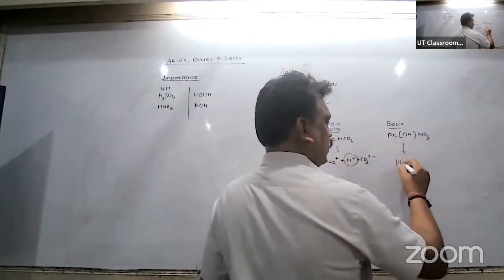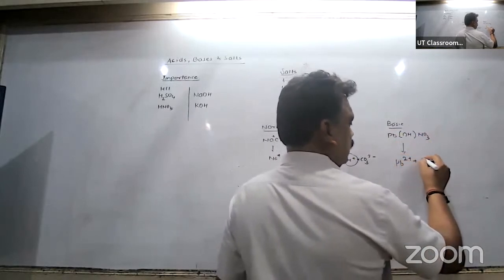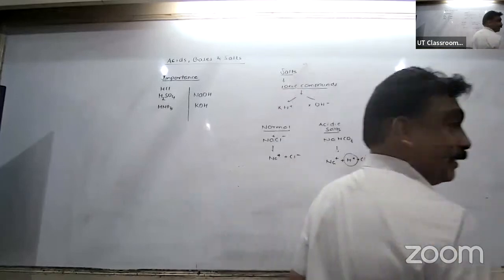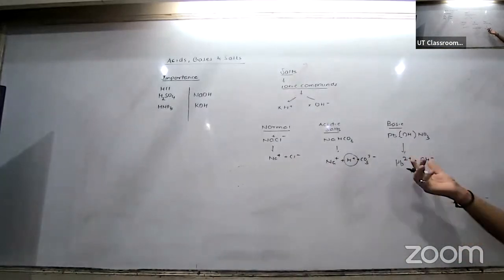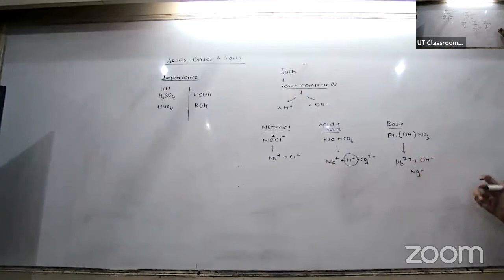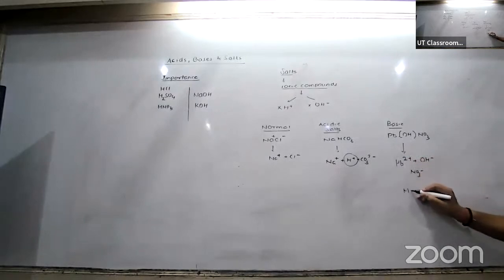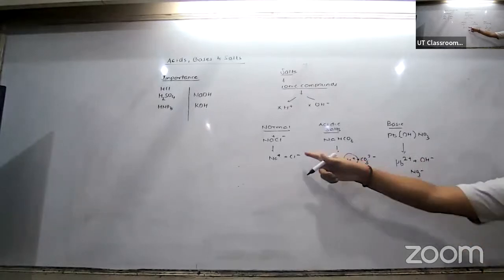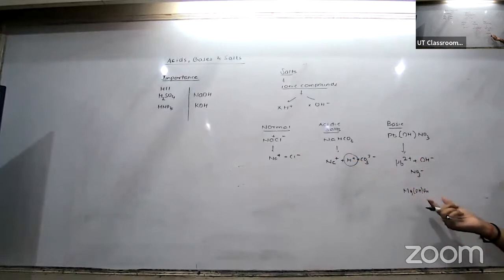When you dissolve it in water, you get Pb2+ ion, one hydroxyl ion, and nitrate ion. It's called a basic salt. Similarly, basic magnesium bromide. Magnesium bromide would be a normal salt; when one OH comes into it, it becomes basic.